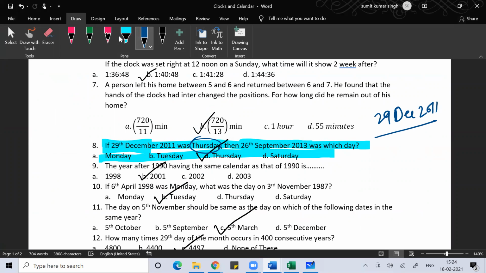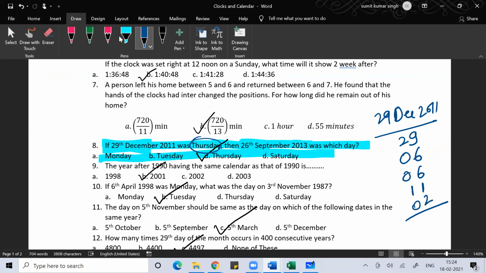So the date is 29, December code is 6, 2000 code is 6, the last two digits of the year are 11. How many leap years came? 4 and 8. So 2 leap years came.